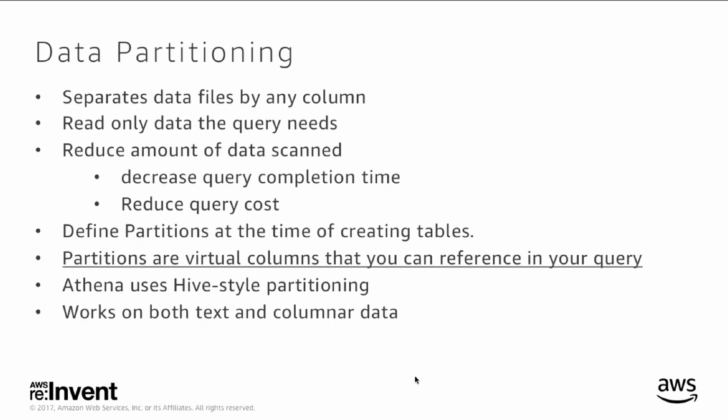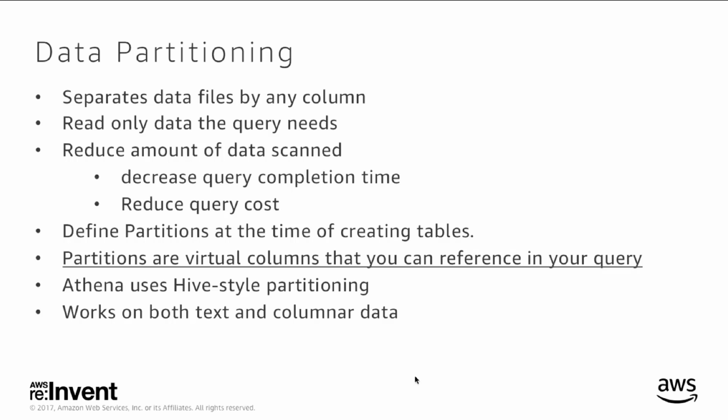A very common one, like I showed previously, is to use year, month, and day, where all the files relevant to a particular year, month, and day exist in one folder, while subsequent months, years, and days are available in other folders. So when you're scanning the data and you say select star from table where year equals 2017 and month equals December, we will only go to those folders and grab the files from that folder.